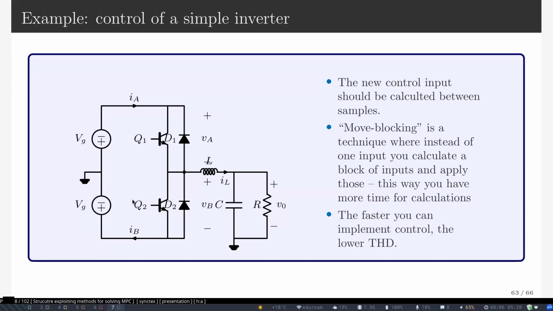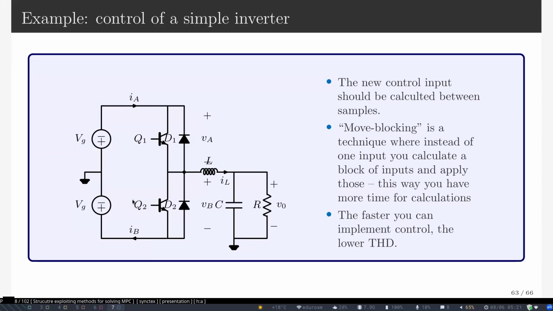So a PWM signal is a periodic signal. I'm going to hit my board soon, but it's a periodic signal with a switching time interval, Ts.